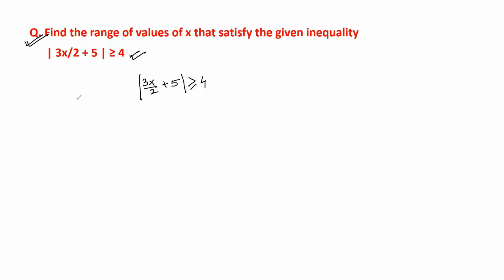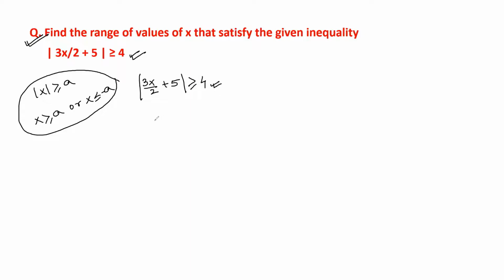And we know that if mod of x is greater than equal to a, then the range of values of x can be found simply by using x greater than equal to a or x less than equal to minus a. So we can write it as 3x by 2 plus 5 greater than equal to 4 or 3x by 2 plus 5 less than equal to minus 4.